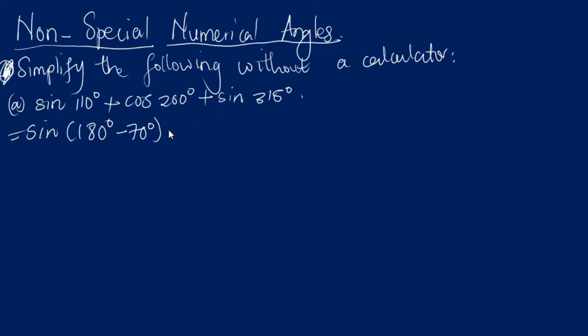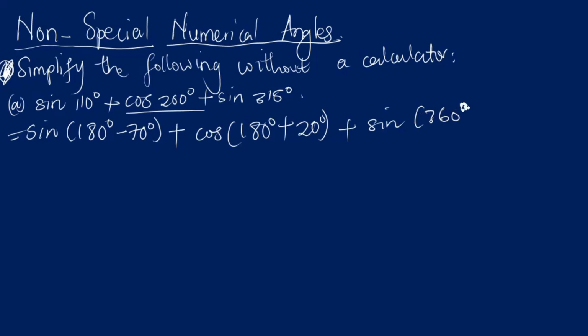Here we have plus, this is the same as the cosine of 180 degrees plus 20 degrees for us to get to 200. Plus we have the sine of 360 degrees minus 45 degrees for us to land there at 315. All right.